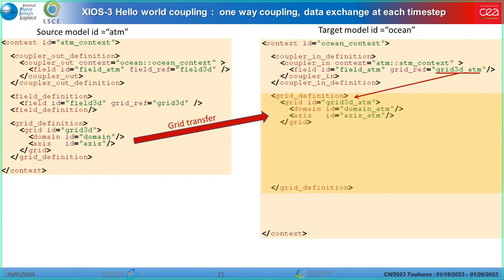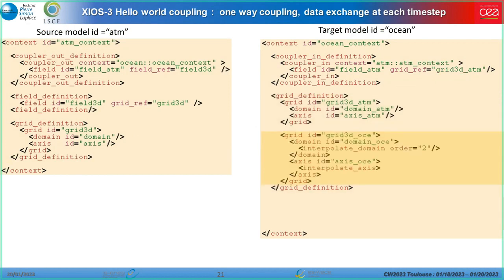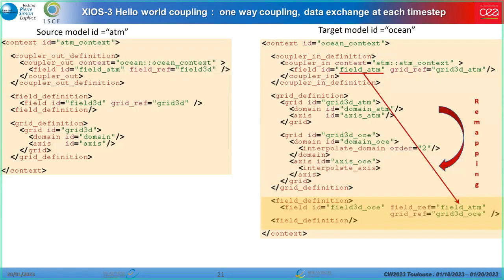So you need to use the interpolation feature by defining your grid, ocean, and say, I want to interpolate from another grid. So in this case, we select interpolation of the domain, interpolation of the axis, and now you can directly receive your field by calling XIOS receive field with a field that is on the ocean grid.